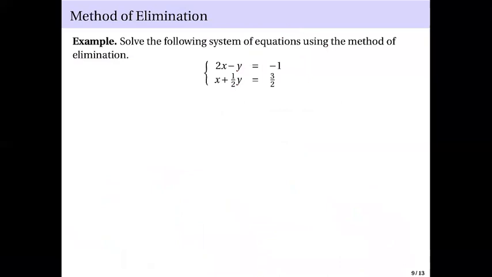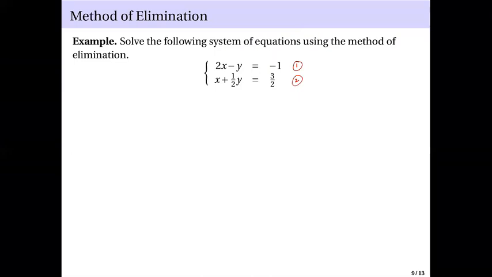Next example here, we have 2x minus y equals negative 1. The other equation is x plus 1 half y equals 3 halves. So again, we label this as equation 1. We label this as equation 2. Okay?